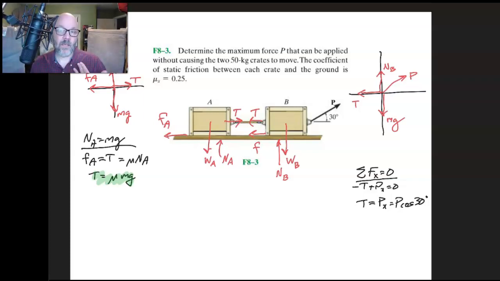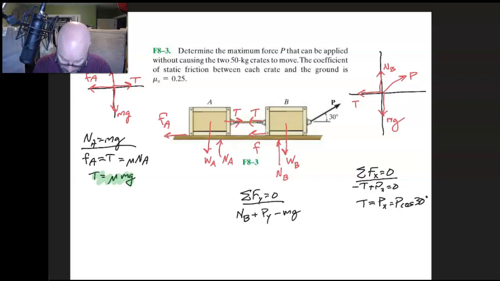Let's see where the vertical forces get us. Here we go. So we've got NB plus Py minus mg. Oh, I forgot my friction.